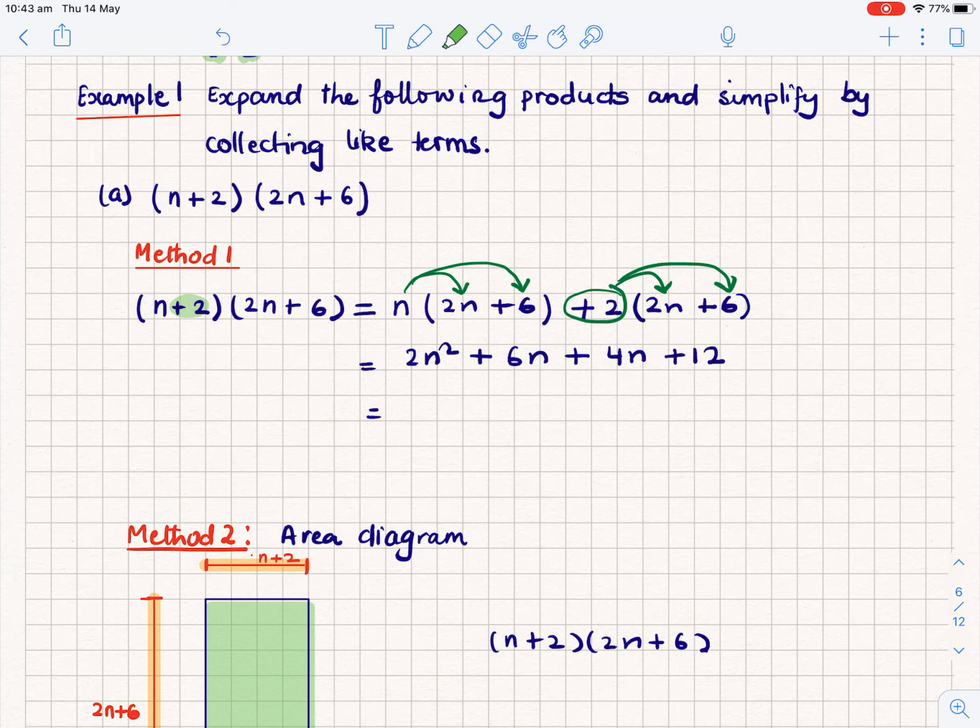Now we need to collect like terms. That gives you 2n squared plus 10n plus 12. Now all these three terms are unlike terms, so we cannot simplify it further. We'll leave our answer here.